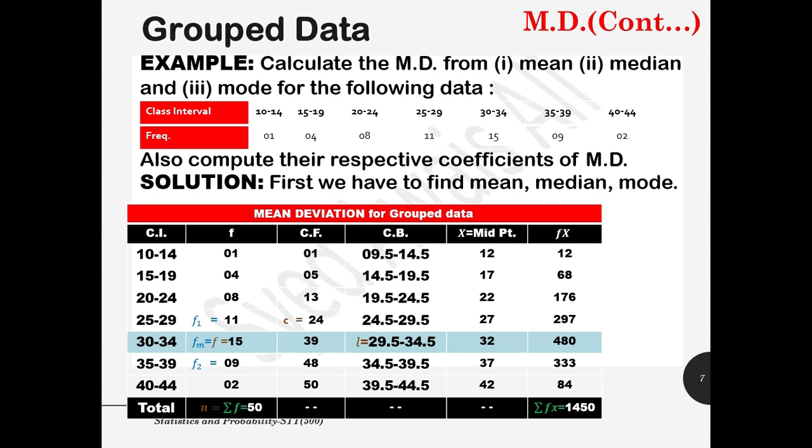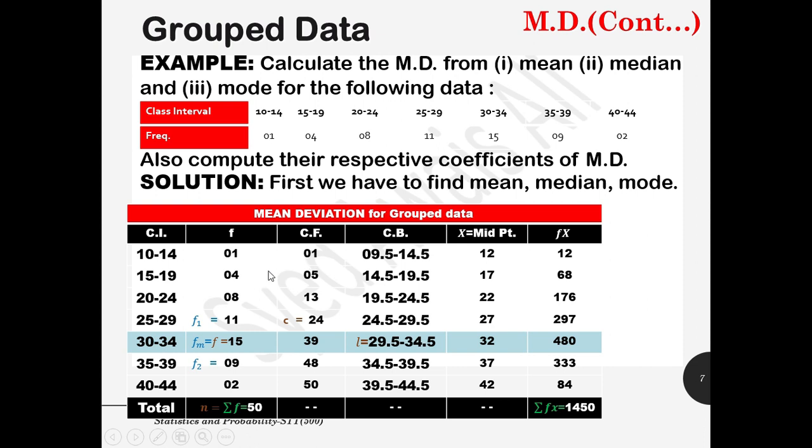Then for median we have to find class boundary and C.F. So the cumulative frequency column is very easy to make. So 1 will be equal to 1.